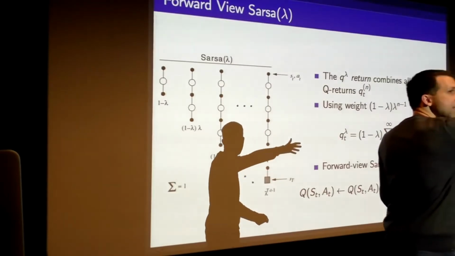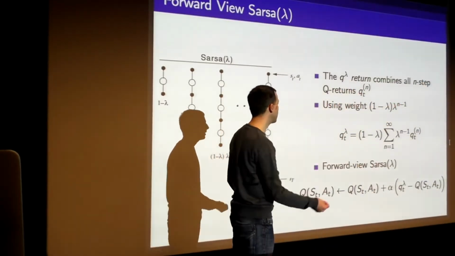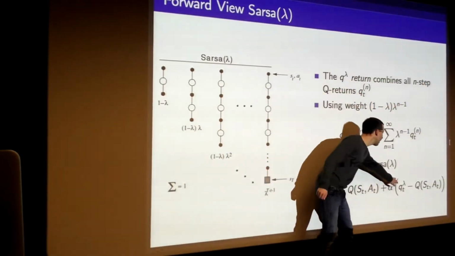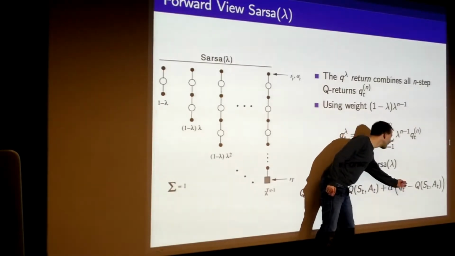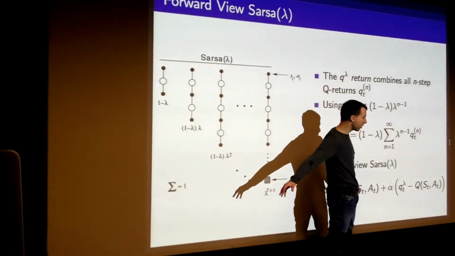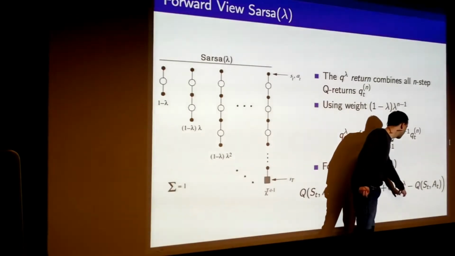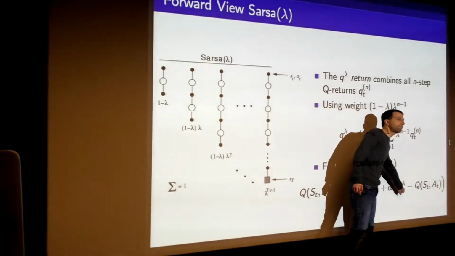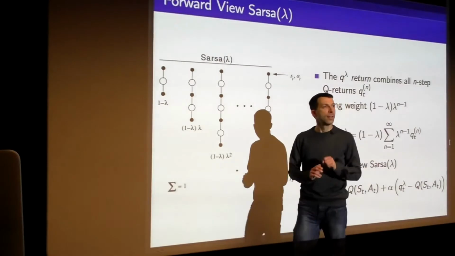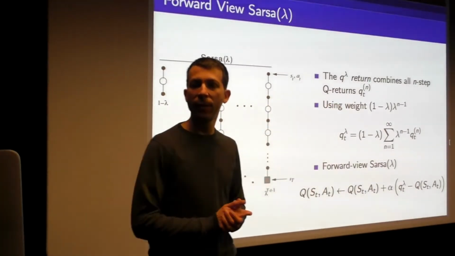We're going to weight all of these things together, all the way up to n equals infinity. That's going to give us our Q lambda, and we're going to make that our target, and we're going to update our original Q value a little bit in the direction of that target. Okay, so that's the idea of SARSA lambda.